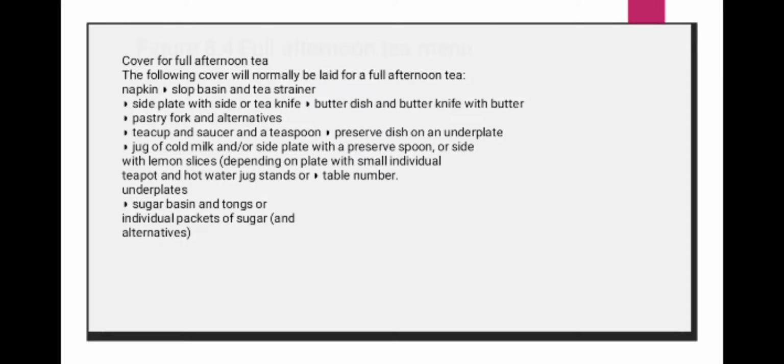Next is the cover for full afternoon tea. The following cover will normally be laid for a full afternoon tea: napkin, slop basin and tea strainer, side plate with side or tea knife, butter dish and butter knife with butter, pastry fork and alternatives, teacup and saucer and a teaspoon, preserve dish on an underplate, jug of cold milk and or side plate with a preserve spoon, or side plate with lemon slices, small individual teapot and hot water jug on stands or a table number under plates.